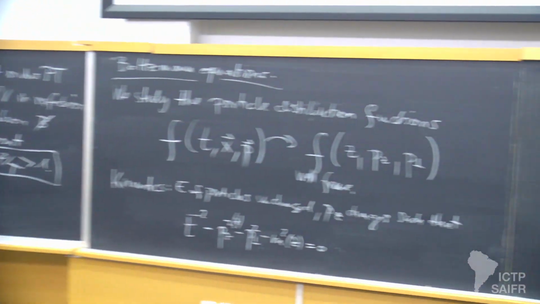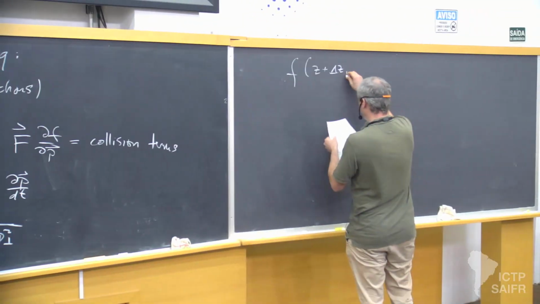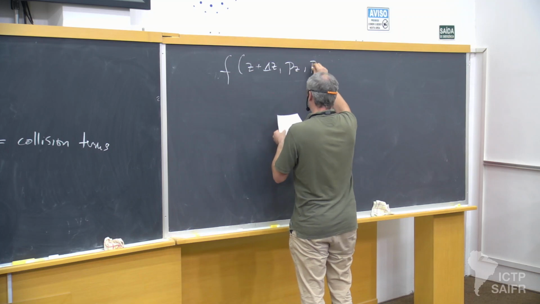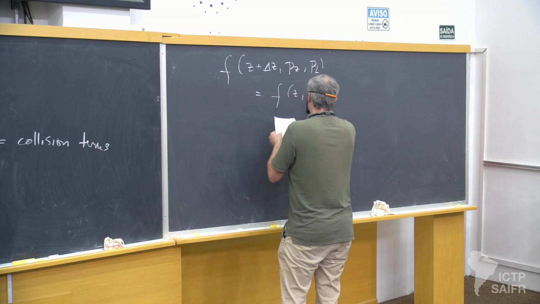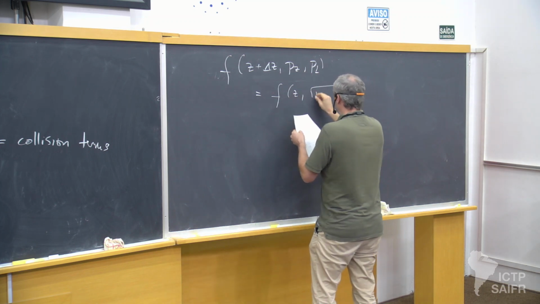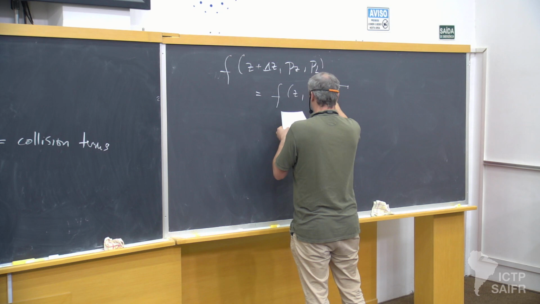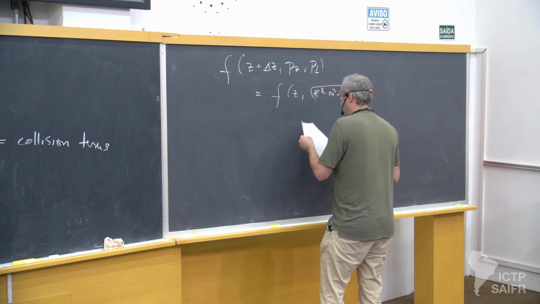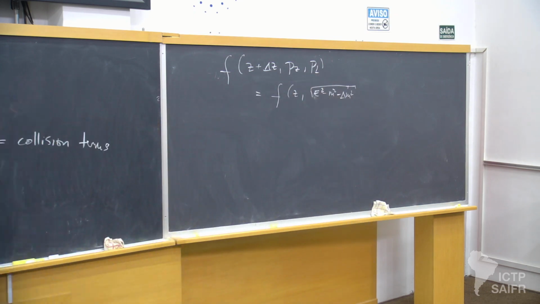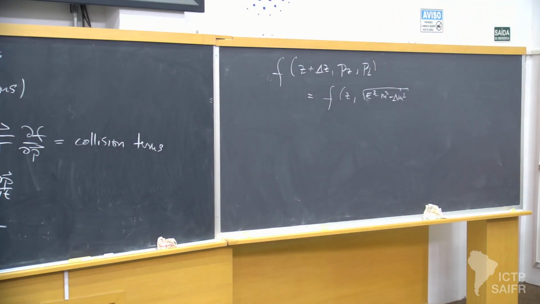So just to put this into an equation, the equation that you get would be that f of Pz, P perp, will be f of z plus delta z, and now we have a changed Pz, which in this case would be the square root of E squared minus m squared minus delta m squared, where delta m squared is just the mass change due to the Higgs field changing, right? So remember, all the masses are proportional to the Higgs vev. So if the Higgs vev changes, the mass changes, and because of this, the Pz changes.